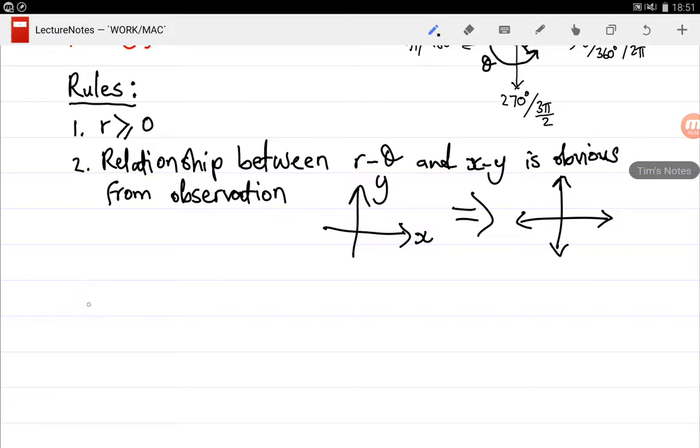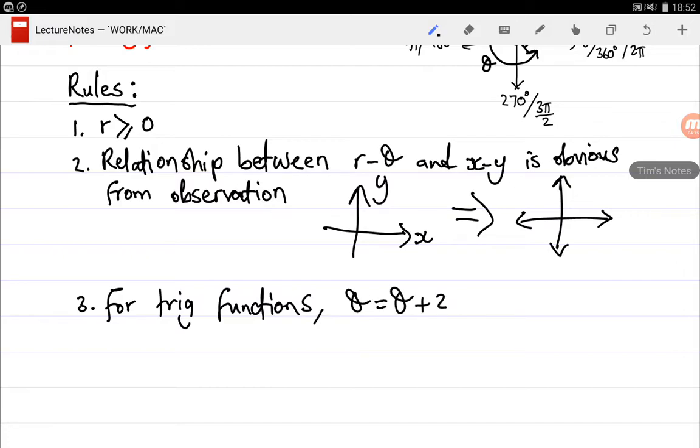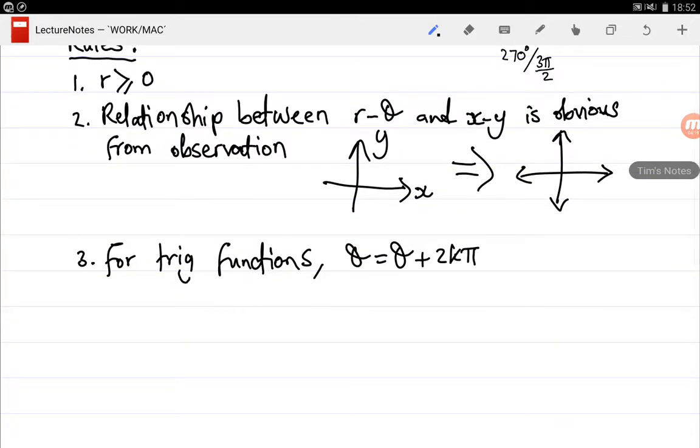And the last important rule is the fact that for trig functions, theta equals theta plus 2k pi. That means they are periodic every 2k pi, where k is an integer, a positive or negative whole number.